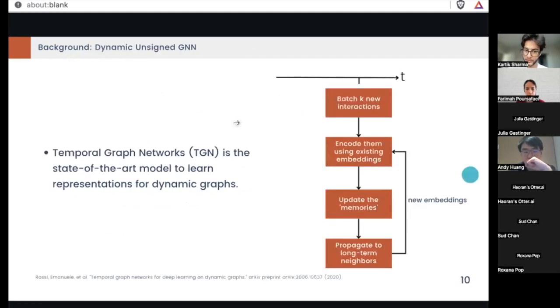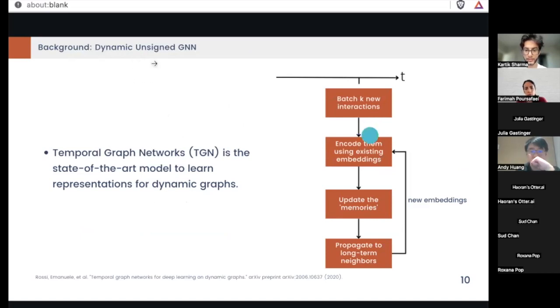And temporal graph networks is one of the state-of-the-art models to learn such representations for dynamic graphs. And it follows these steps, and I would go over them very briefly. First, there are a few interactions in a temporal order.